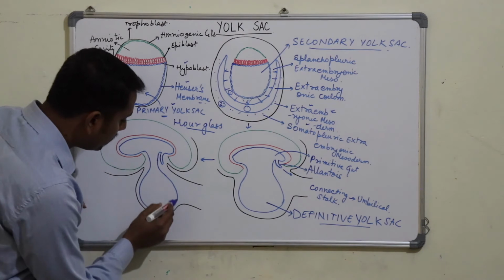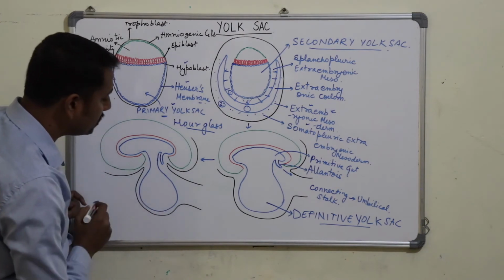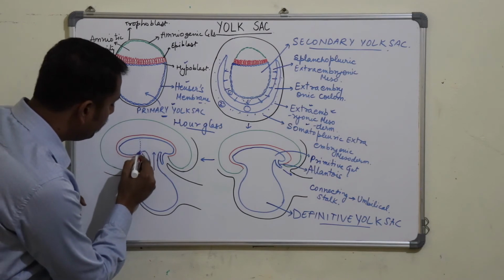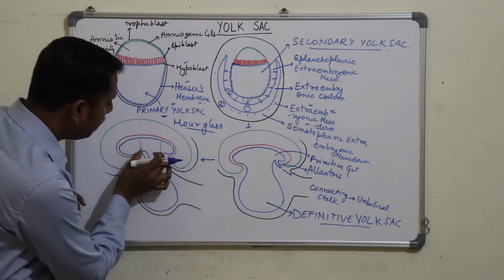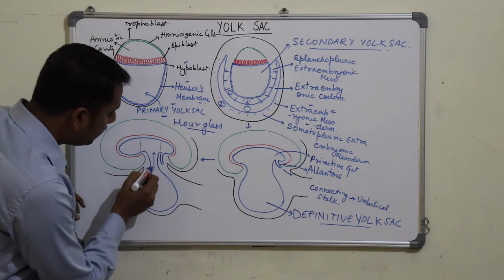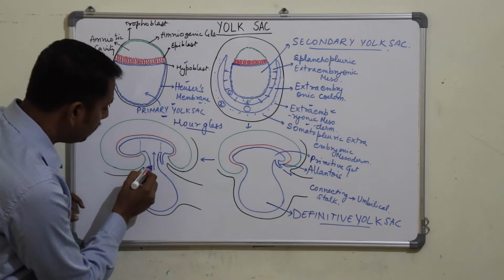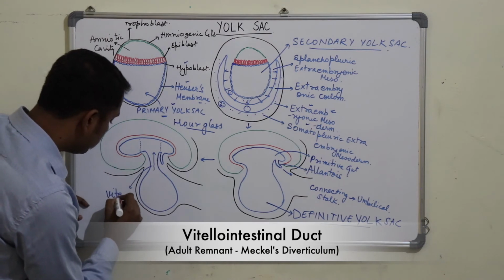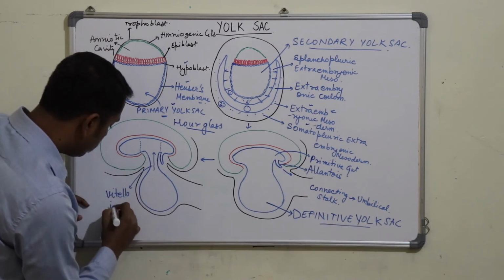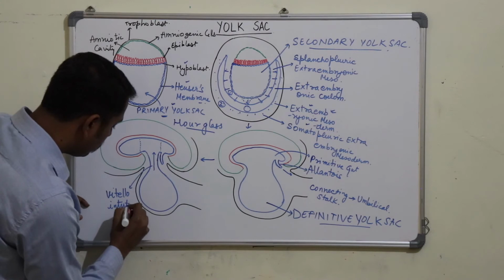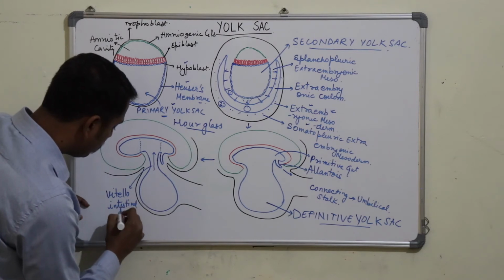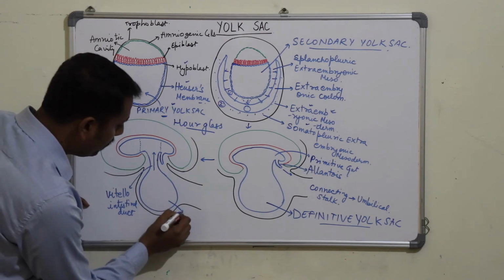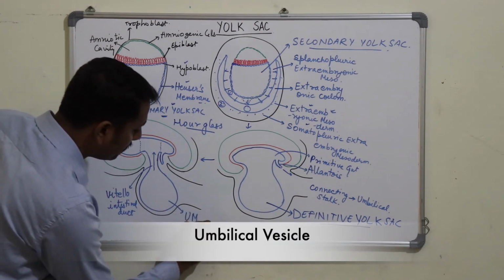Now the definitive yolk sac will form a small vesicle-like structure which is connected to the midgut of the primitive gut tube by a duct which is known as the vitellointestinal duct. And this small vesicle structure will be known as the umbilical vesicle.